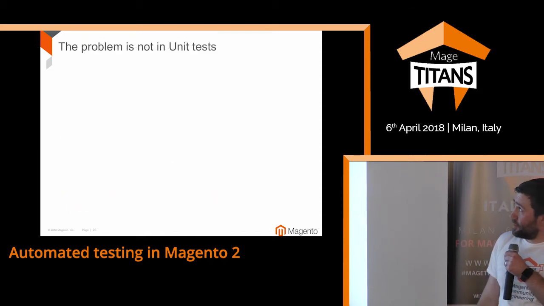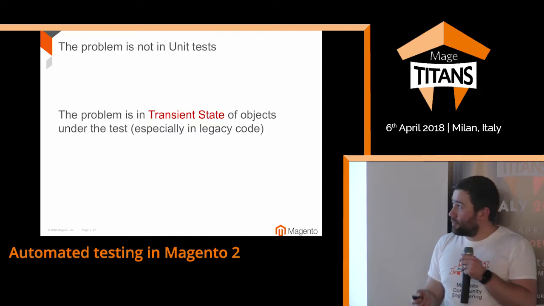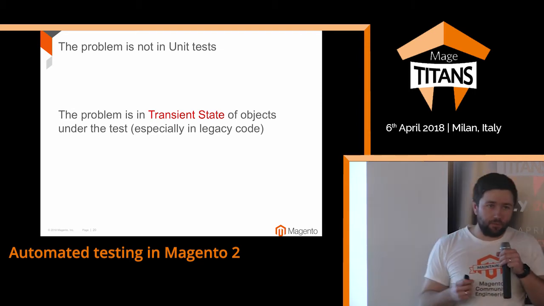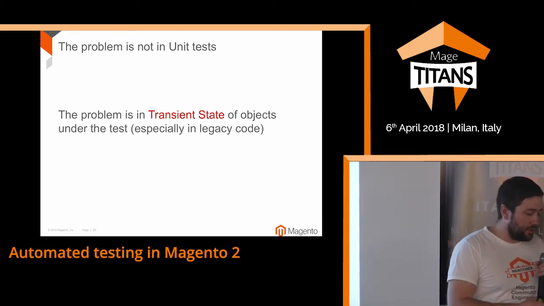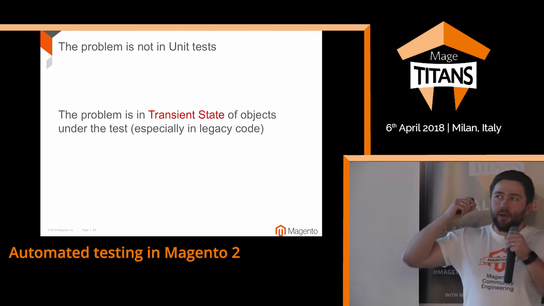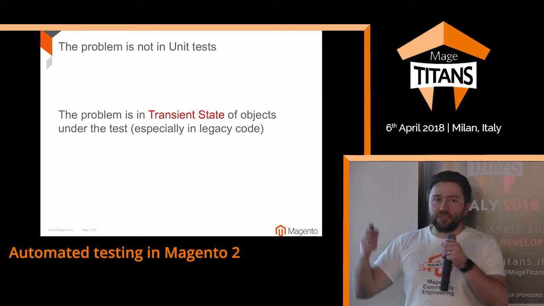Why? Because the problem is not in your unit test. The problem is in the transient state, which happens between your objects. If you have experience working with Magento 1, you probably know the most usable way of extension in Magento 1.